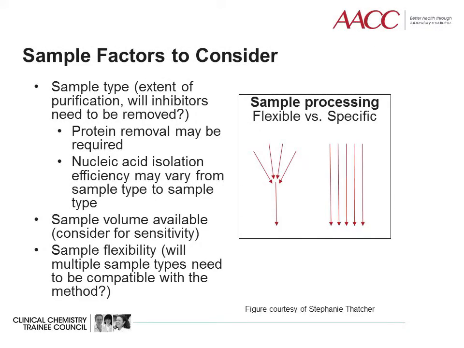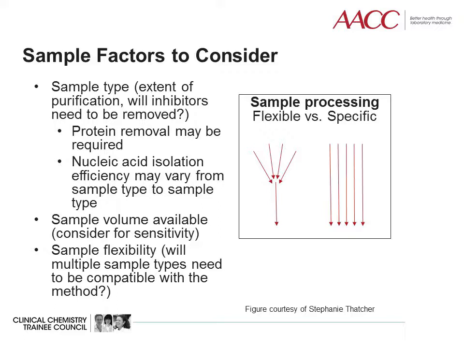Sample factors to consider include the sample background or sample type, volume, and how the sample type will fit into the procedure. The sample type can impact how effective lysis is. For example, a viscous sample may need pretreatment for lysis to be effective. More difficult samples like sputum or stool may require more extensive purification steps to remove inhibitors to downstream analysis, like proteins and debris.